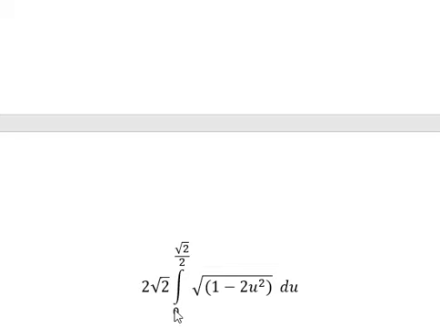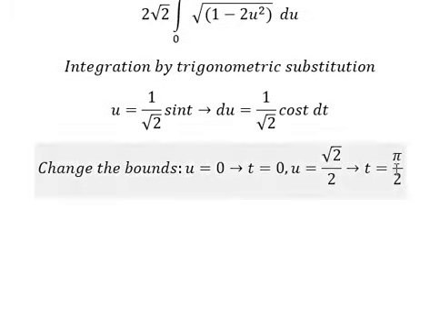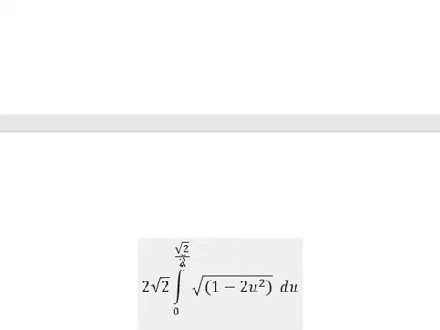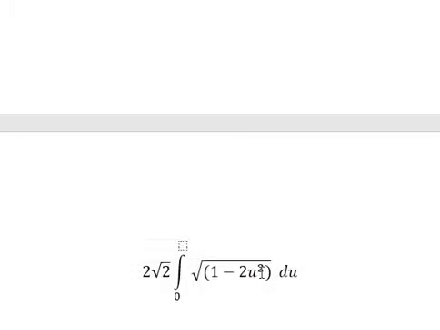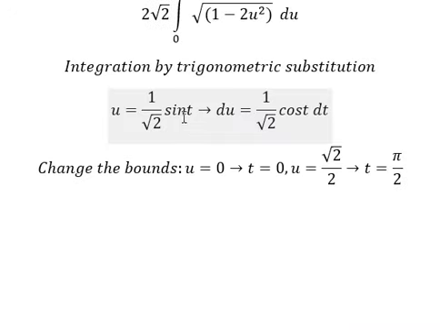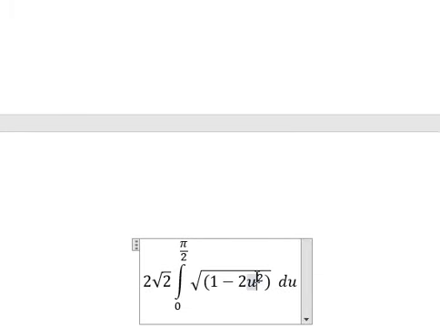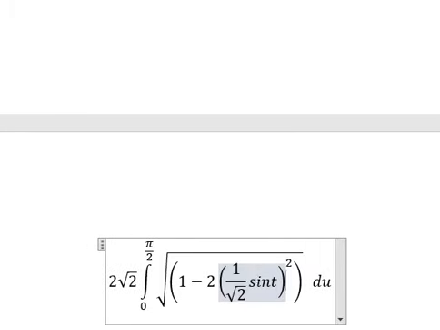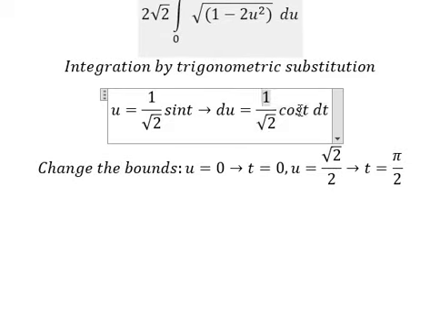So this one you get 0, this one you get b over 2. And u, that's this one. Du we change by this one.